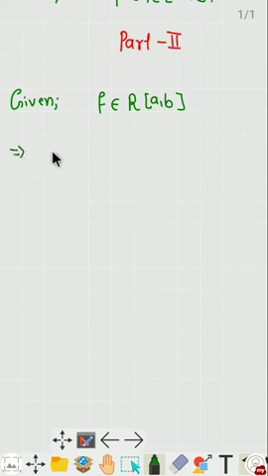This implies that the lower integral of function f is equal to the upper integral of function f.